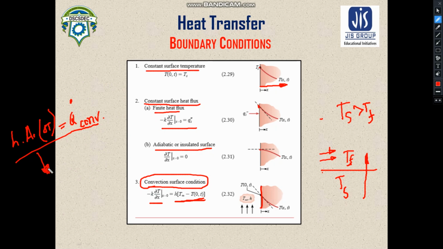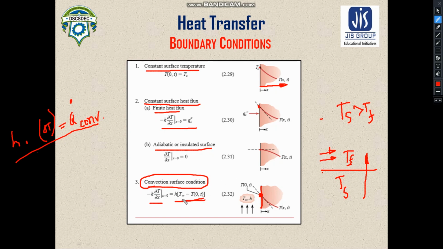I'm sorry, you know that heat flux means the heat transfer rate divided by the area normal to the direction of heat transfer. So if you divide this equation by A, you will obtain this formula, right? It would be something like this. This T infinity refers to the surroundings temperature, and this is the temperature when x is equal to 0, and this small t refers to the time t.